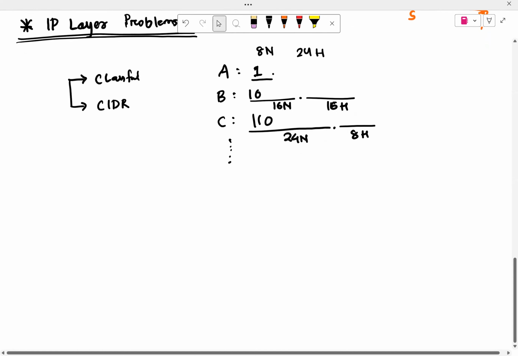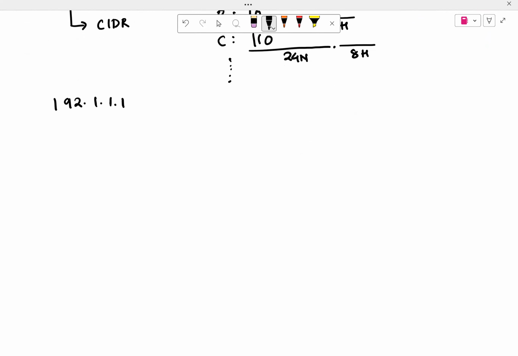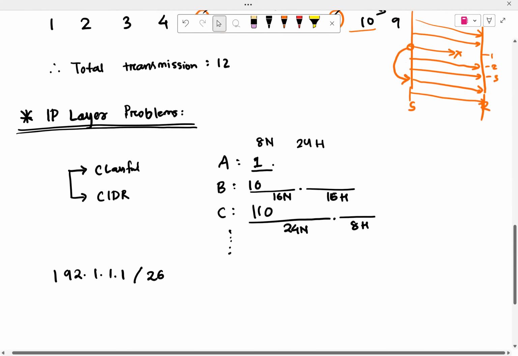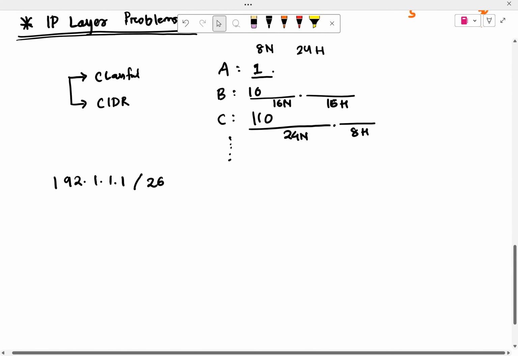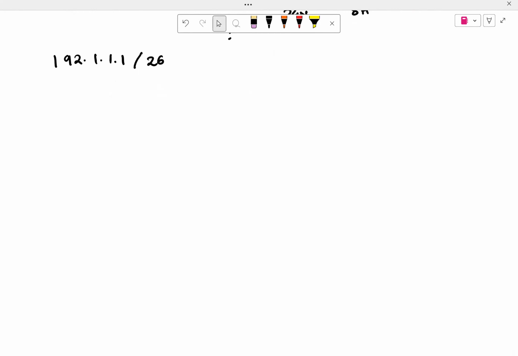But in classless addressing, we can assign numbers like 192.1.1.1/24 or /26.